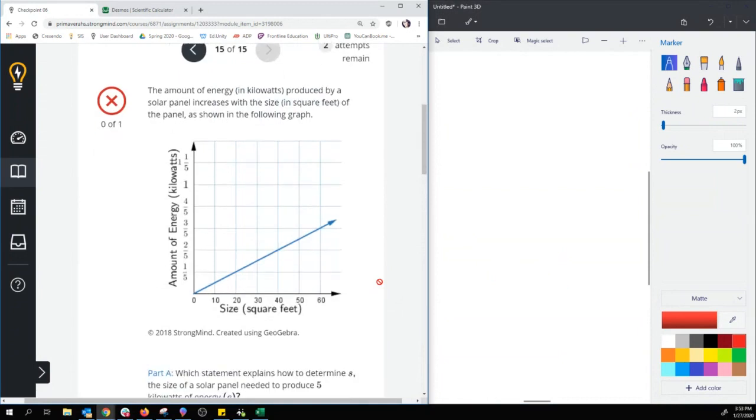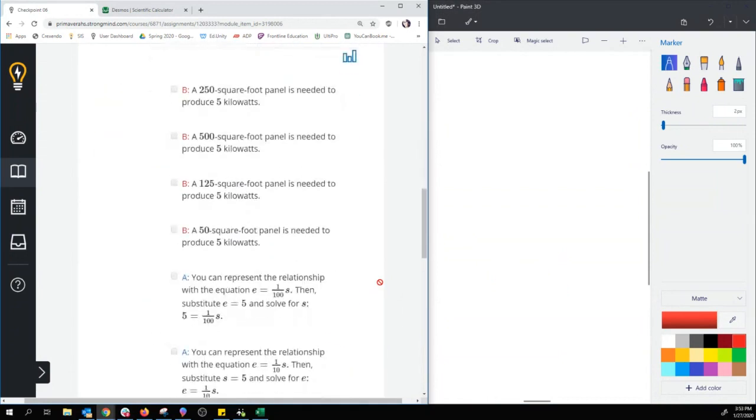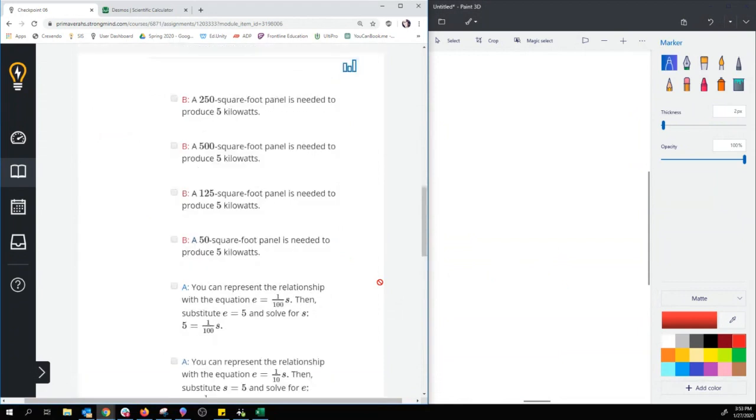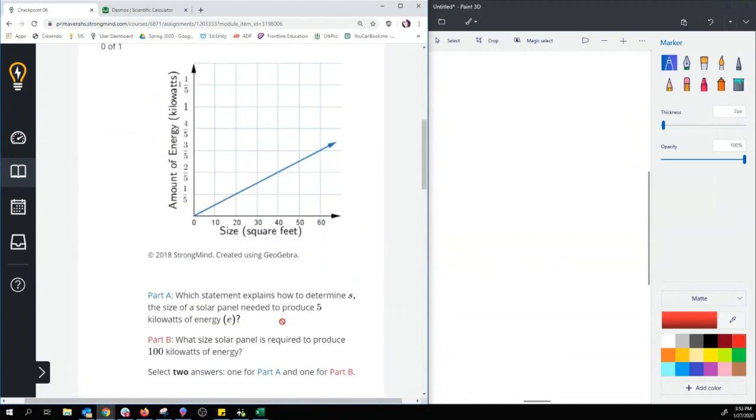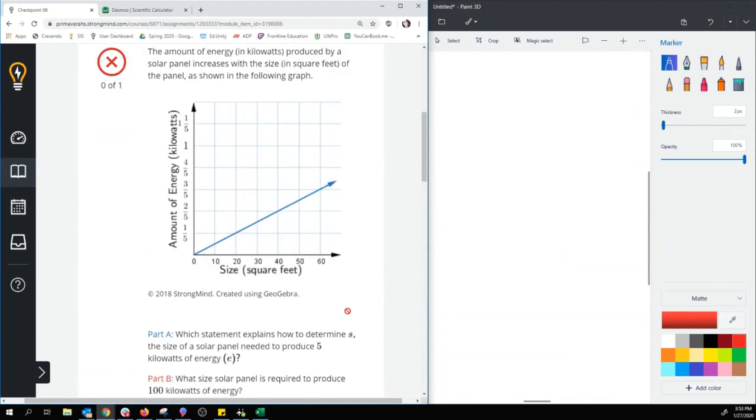I guess this last one's kind of tricky. Okay. So for part A, we want to find our equation. So we first need to find our unit rate.